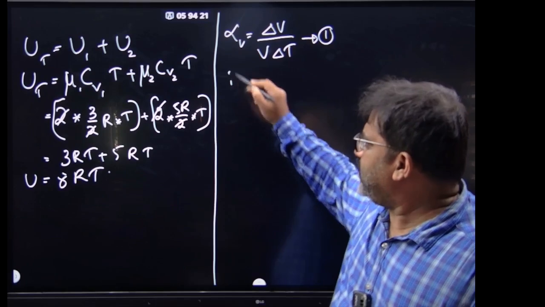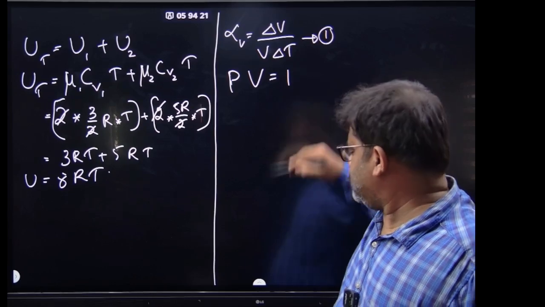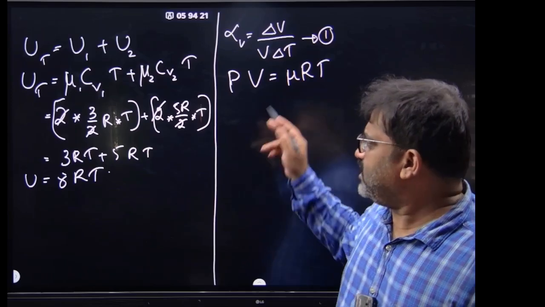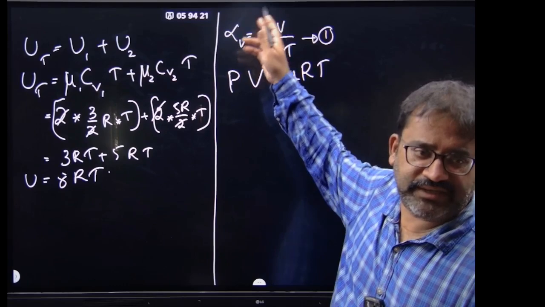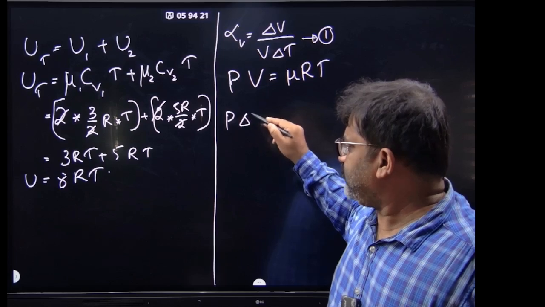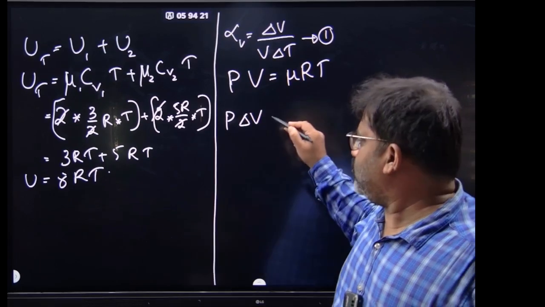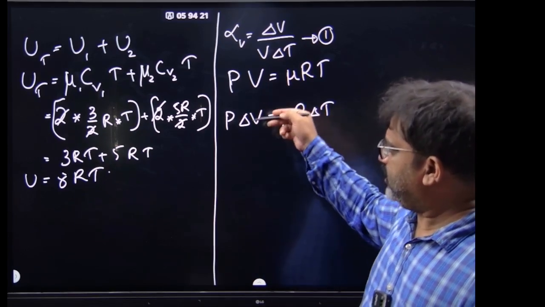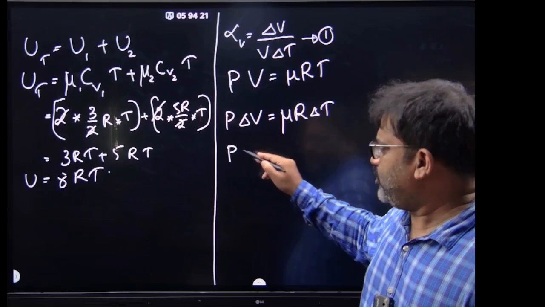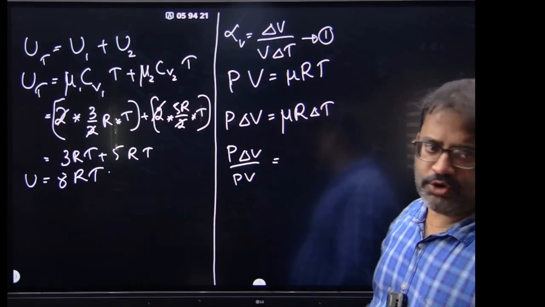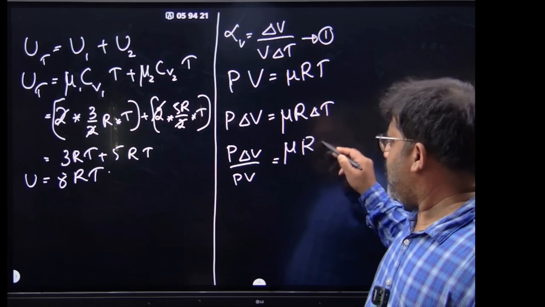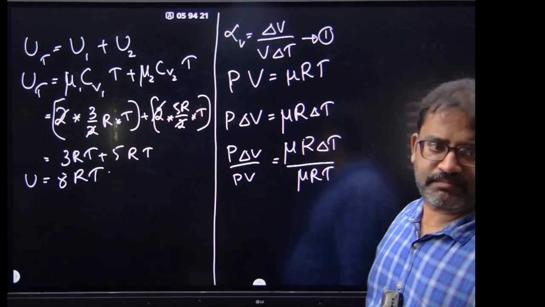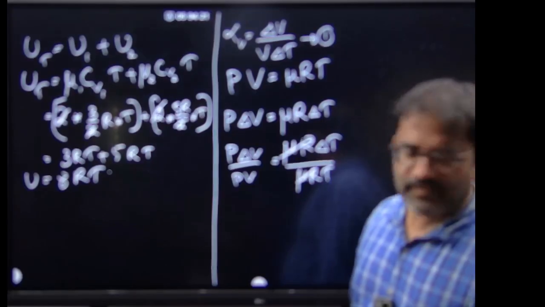Since it is an ideal gas, we can make use of the perfect gas equation, which says that PV is equal to mu R T. Let us change V in this, because we need delta V. When I change V, P remains the same, V changes to delta V, mu remains the same, R remains the same, and T changes to delta T. Now divide this equation by the first. On the left hand side I get P delta V divided by PV, and on the right hand side mu R delta T divided by mu R T. Mu R can be cancelled off, P can be cancelled off.